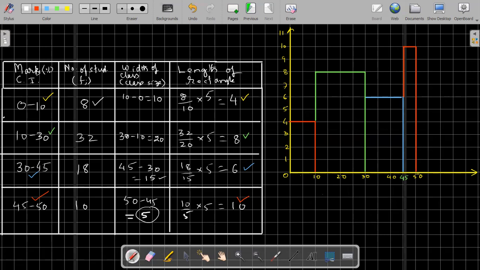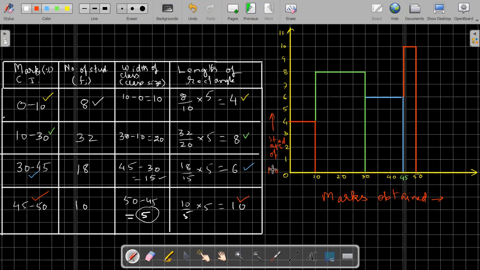Here you will write marks obtained. Marks obtained should be written here. And here you will write number of students, with an arrow.